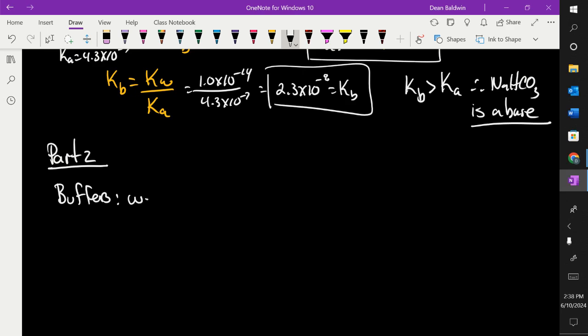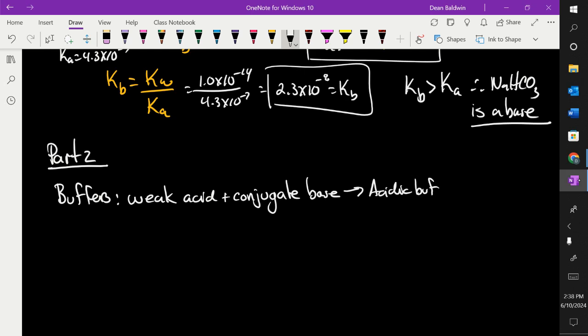So you use a weak acid and its conjugate base. That will give you an acidic buffer. Or you can do a weak base and its conjugate acid. That will give you a basic buffer.